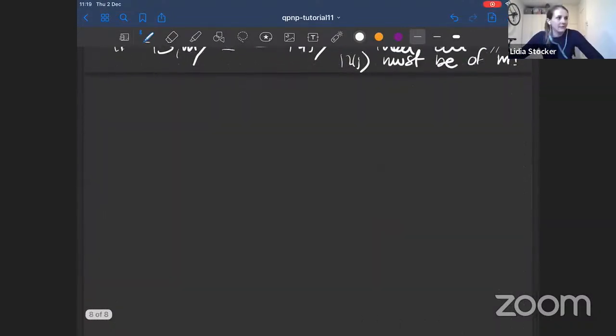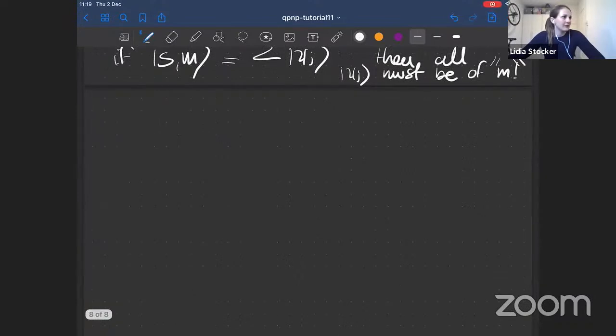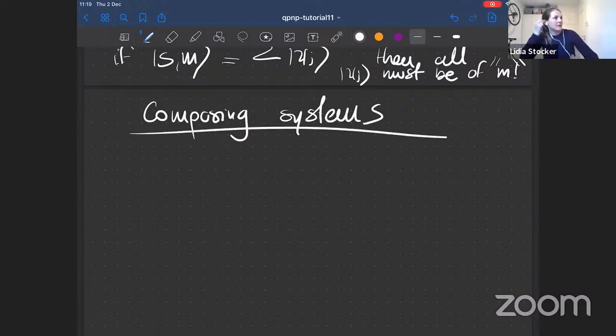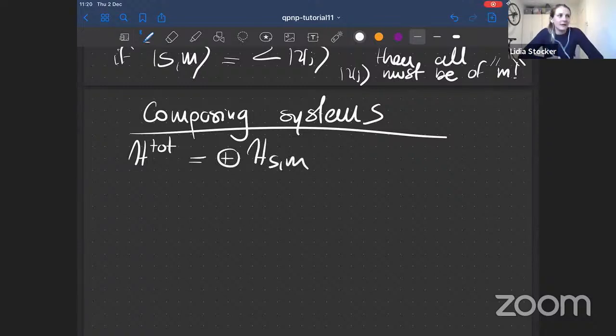But how do we calculate them explicitly? So the calculation, composing the spin system. And this is exactly like the cooking recipe we are seeing now. So the idea is that we have H total as the sum over sub-Hilbert spaces with the same S and M, H_SM.